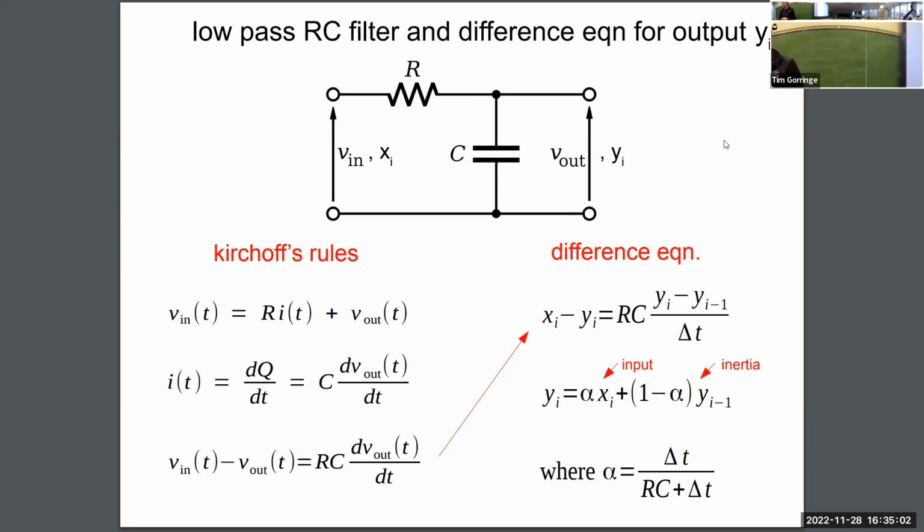Okay, so I just wanted to, in context, remind you of a couple of slides from the last class related to the low pass RC filter. So basically we sketched out an RC filter electrical circuit, and we used Kirchhoff's rules to write down the differential equation describing the voltages at the input and output of that RC circuit.